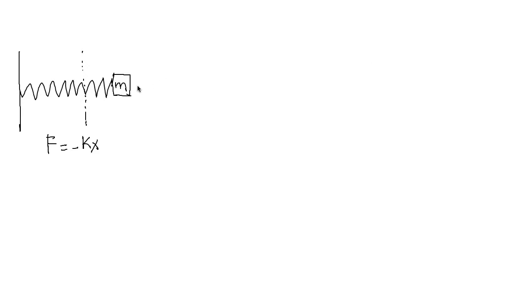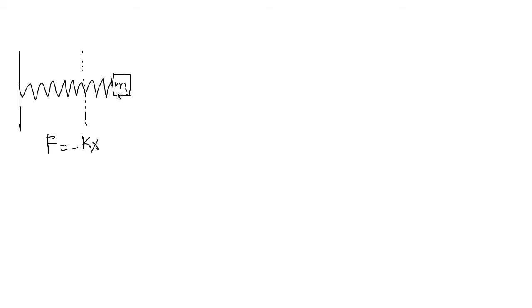We know that if the mass is at the right of the equilibrium position, the net force is towards the left. We understand that because we already understand the meaning of the restoring force, which is always towards the equilibrium position. We can relate that to the formula F equal to negative kx.